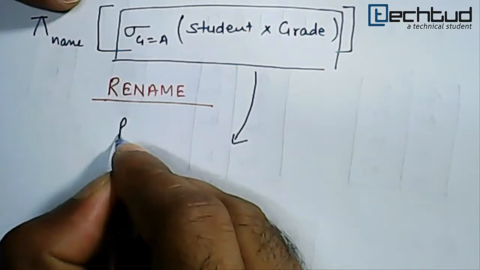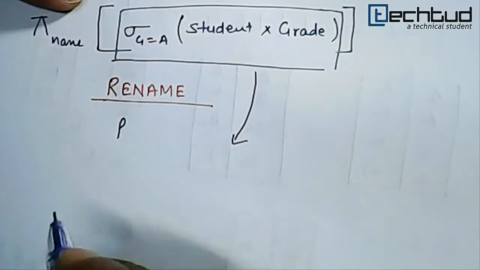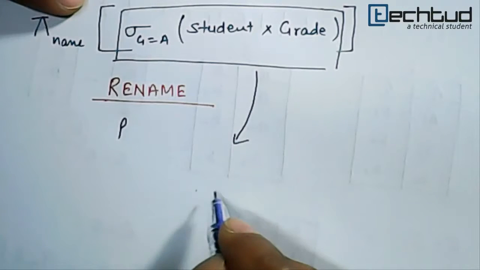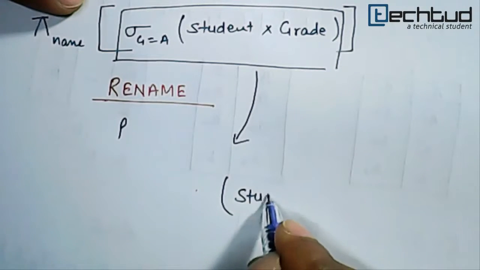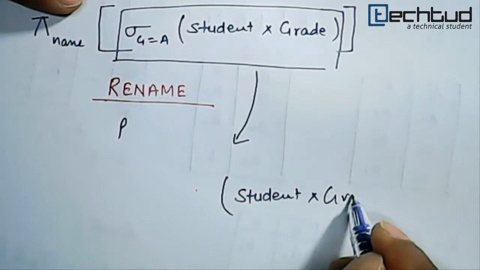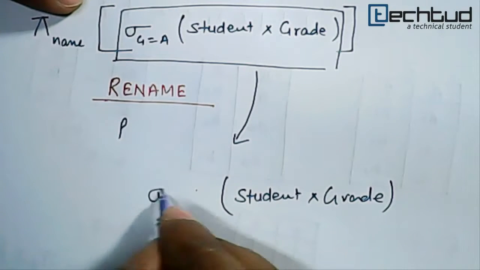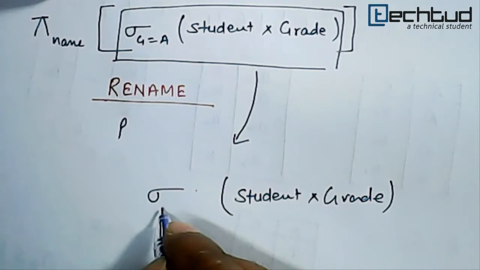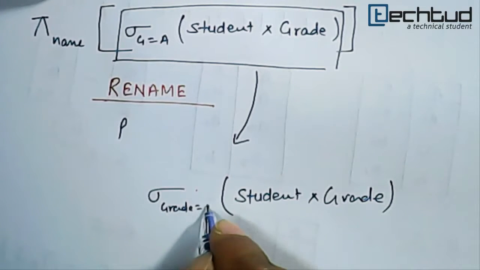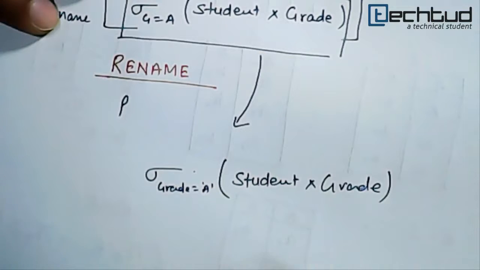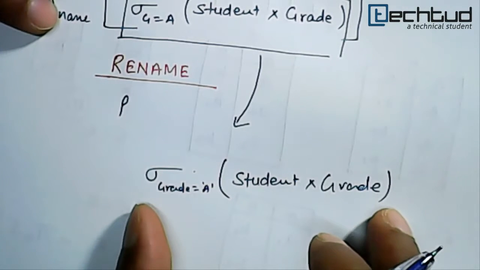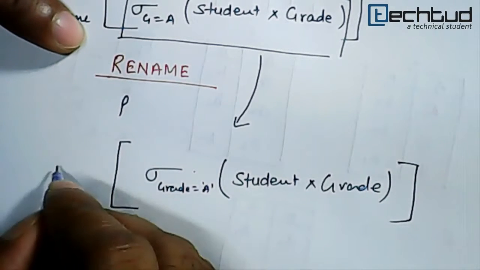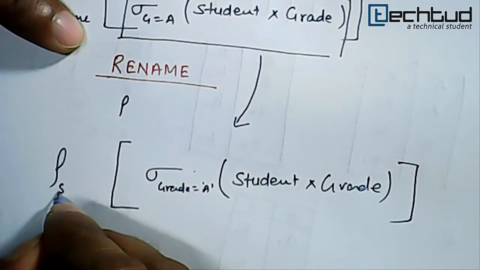It is represented as rho. Let's say when we come up to this stage, we found the cross product of student and grade, and then we filtered the rows based upon the condition that grade equals A. This resultant relation doesn't have any name, so we can give it a name and call it student grade.